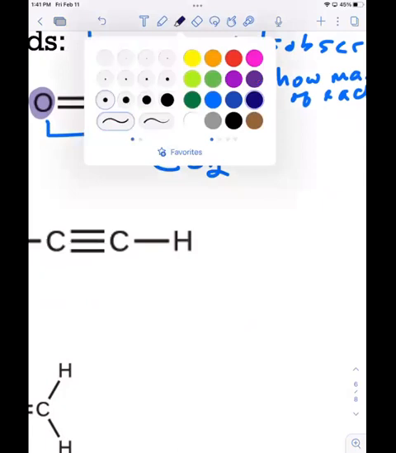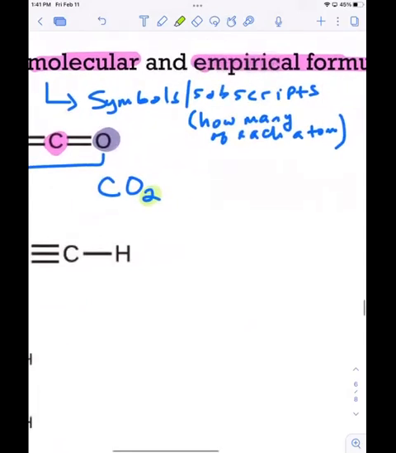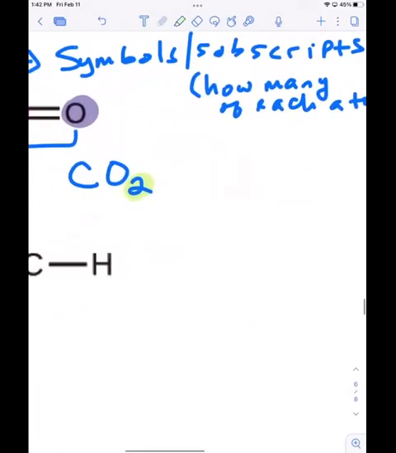So that subscript is always going to tell me how many of each atom is present. Right? If I write for this one, I cannot write an empirical formula. And I'll tell you why.